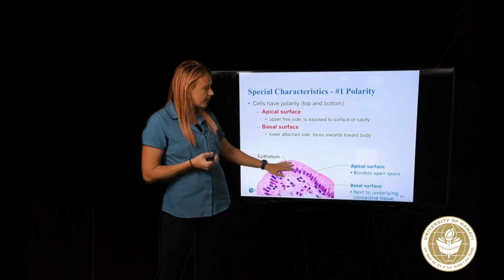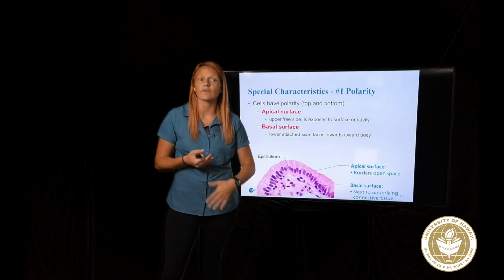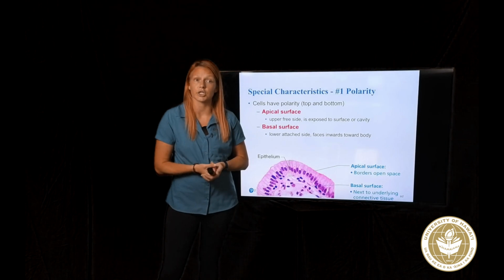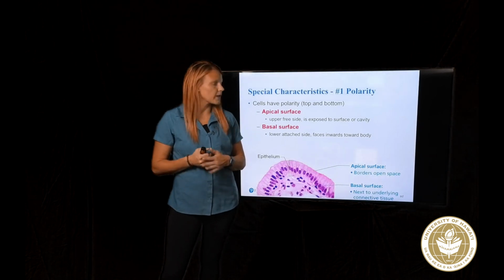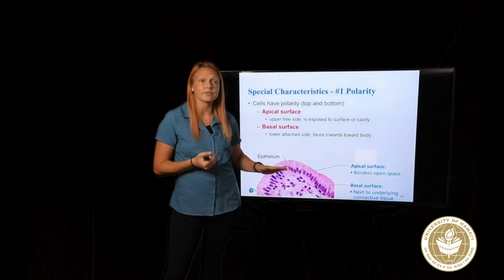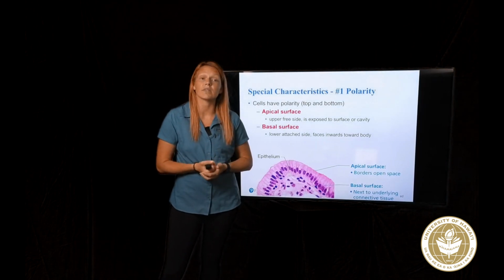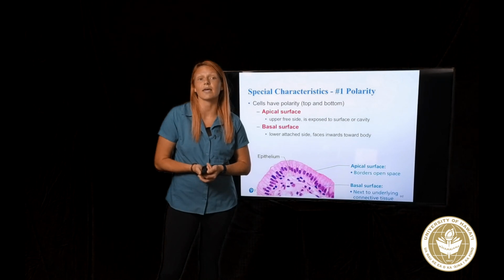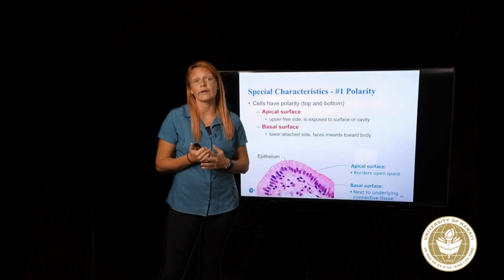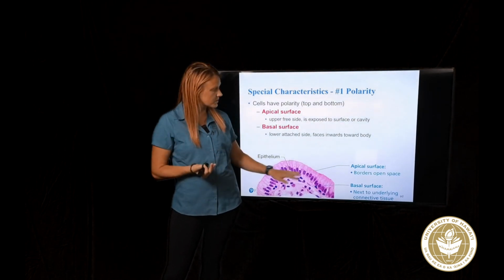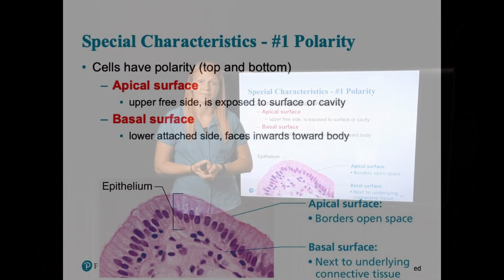So both our apical surface and our basal surface are going to differ in structure and function. And because we have both this apical and basal surface of our epithelial cells, it's often said that epithelial cells are going to exhibit apical-basal polarity, meaning they have those two distinct surfaces.